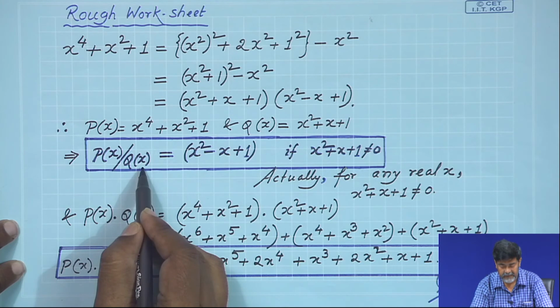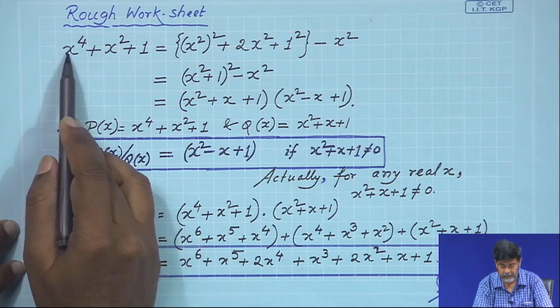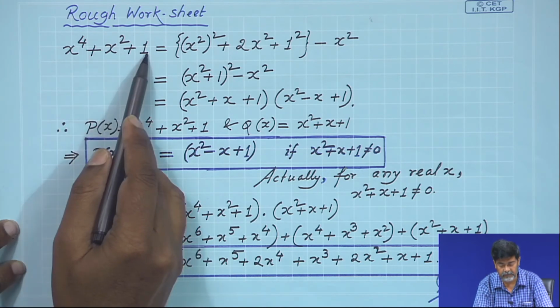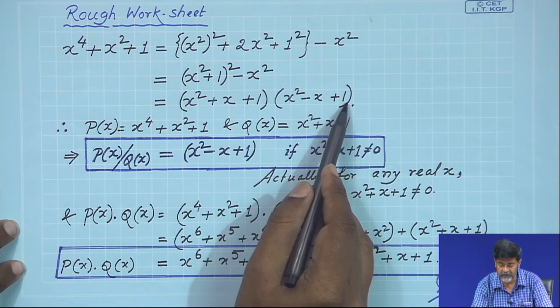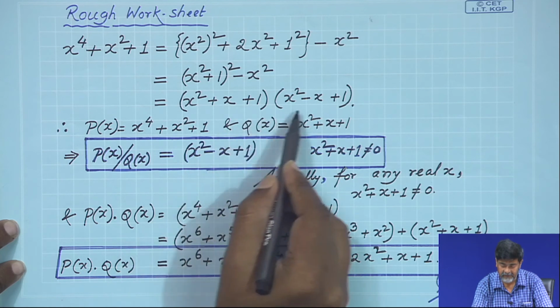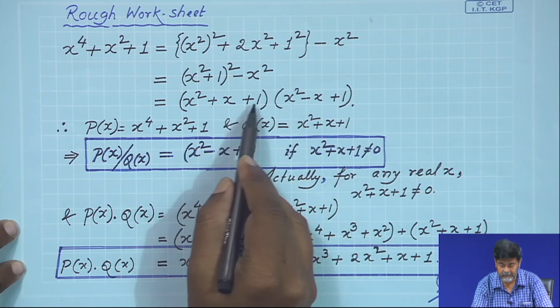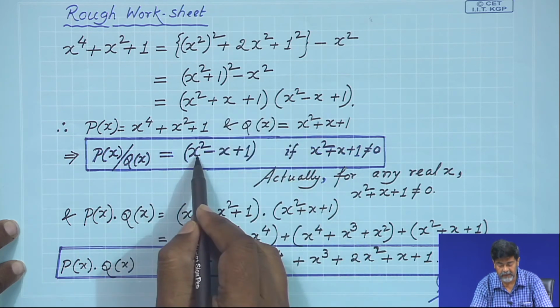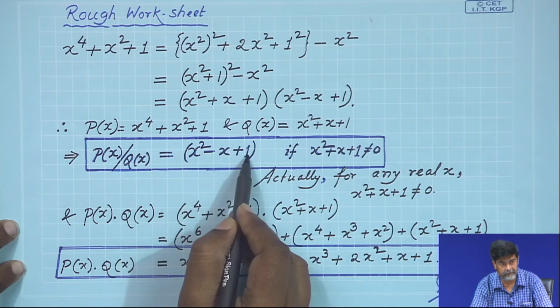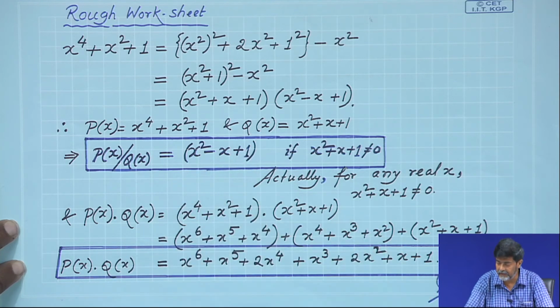Therefore, Px by Qx: for Px we are getting x to the power 4 plus x square plus 1, which is a product of these two expressions, and for Qx we have x square plus x plus 1. Therefore, the quotient would be x square minus x plus 1, but the restriction should be there.